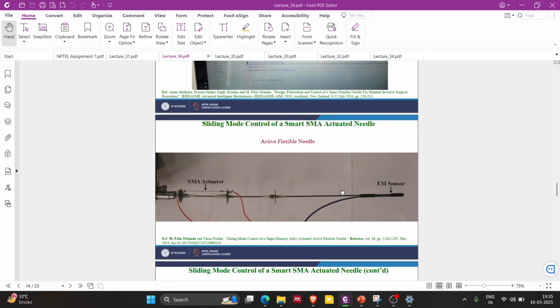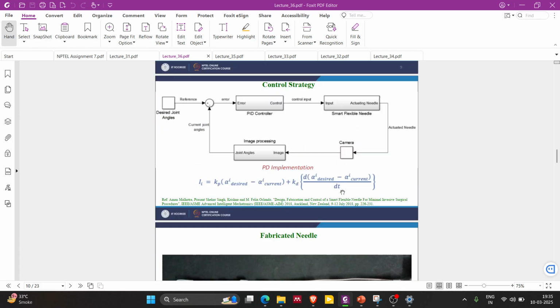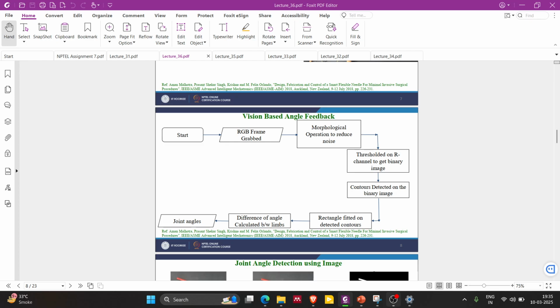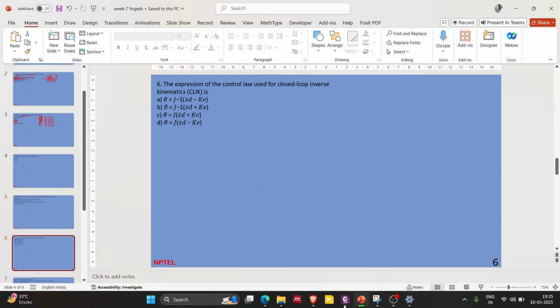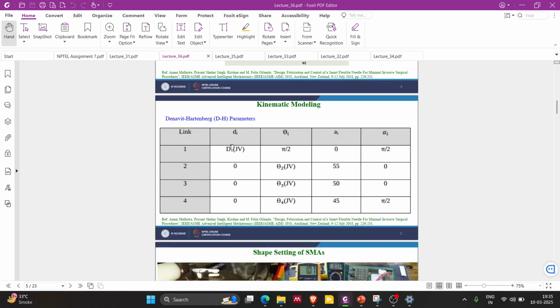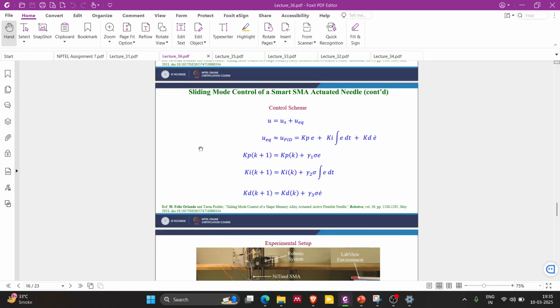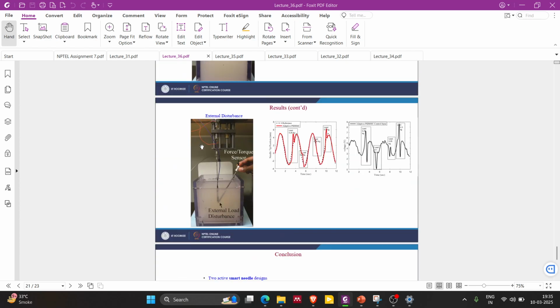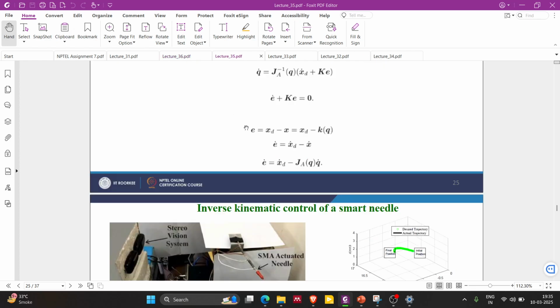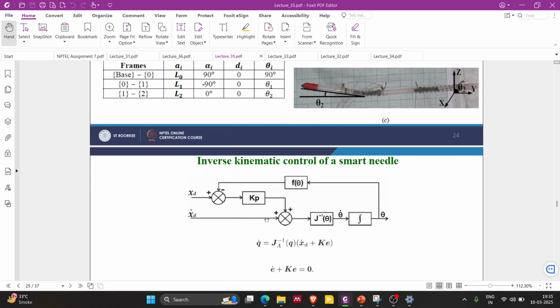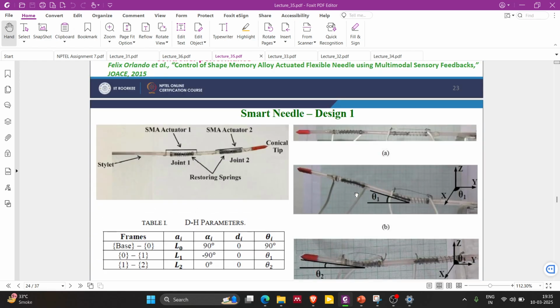So we are looking for closed loop inverse kinematics. That's what he used to control those actuators. This was a sliding mode controller. If you go to lecture 35, you find the lecture on inverse kinematics control of a smart needle.